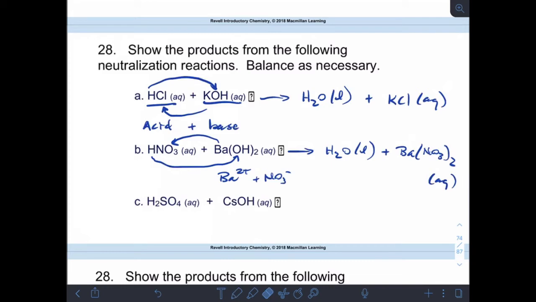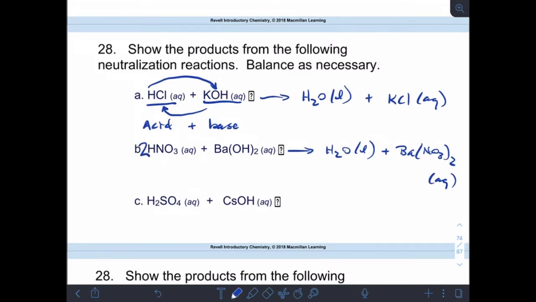Now I do need to do some balancing real quick. I have two nitrates on the right and one nitrate on the left. So I'm going to put a 2 in front of the nitric acid. That gives me 4 hydrogens on the left side of the equation.